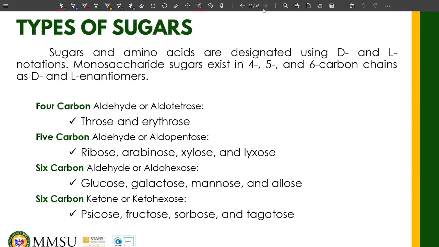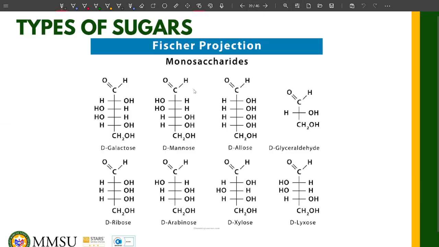So these are the Fischer projections of galactose, mannose, allose. All of them have 6 carbon chains. Aldehydes lahat, so aldohexose sila. And then this one, glyceraldehyde, na mayroong 3 carbon atoms.